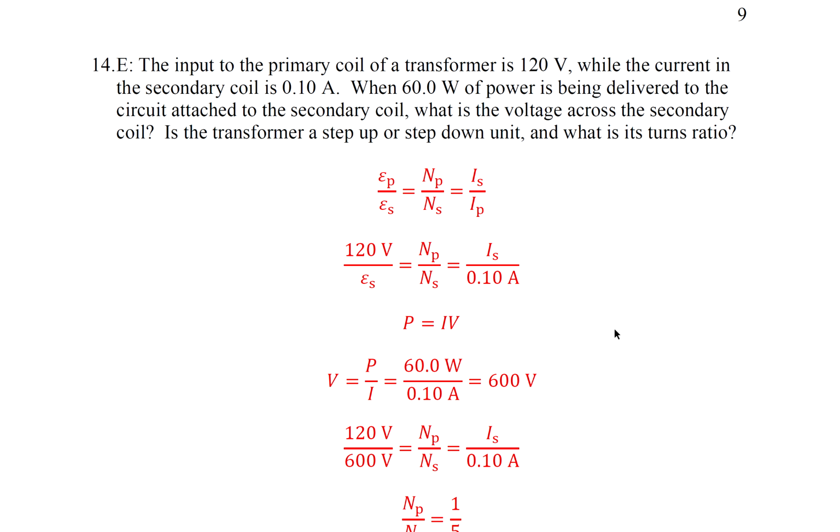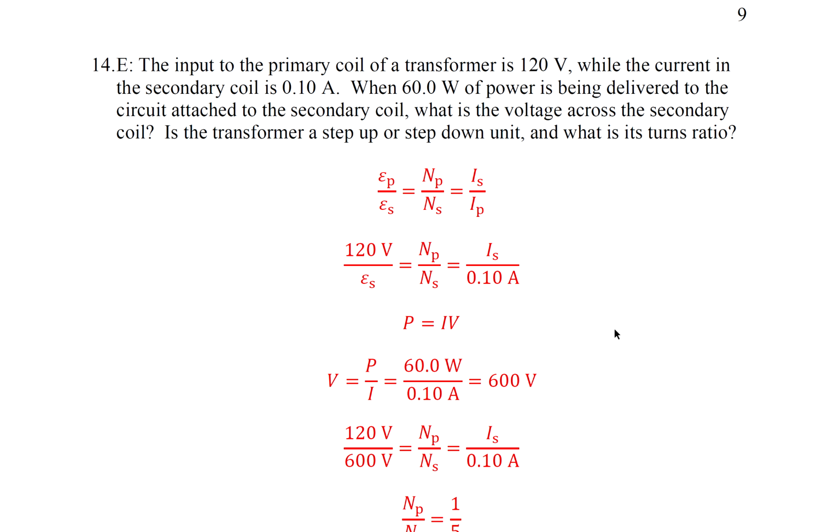Question 14. The input to the primary coil of a transformer is 120 volts, while the current in the secondary coil is 0.1 amps. When 60 watts of power is being delivered to the circuit attached to the secondary coil, what is the voltage across the secondary coil?